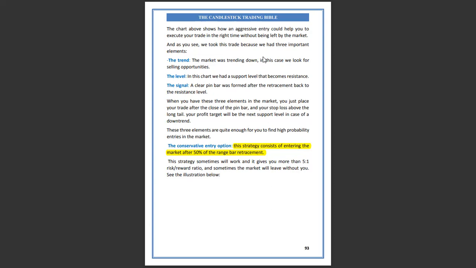And as you can see, we took this trade because we had three important elements. The trend: the market was trending down, so we can look for selling opportunities. The level: in this chart, we had a support level that becomes resistance.